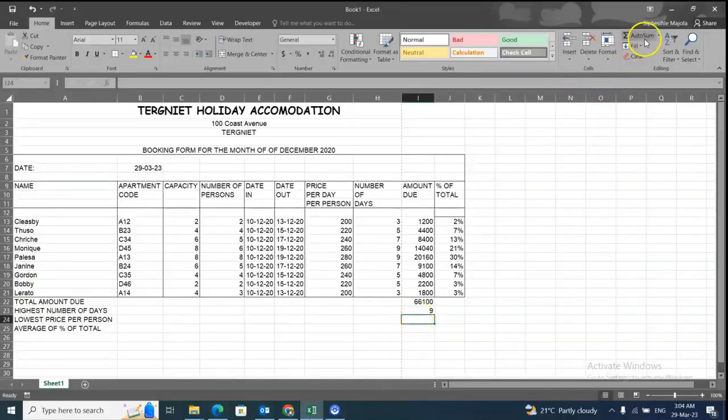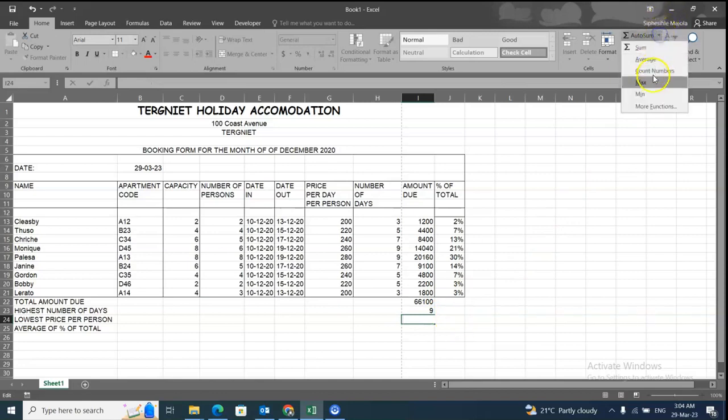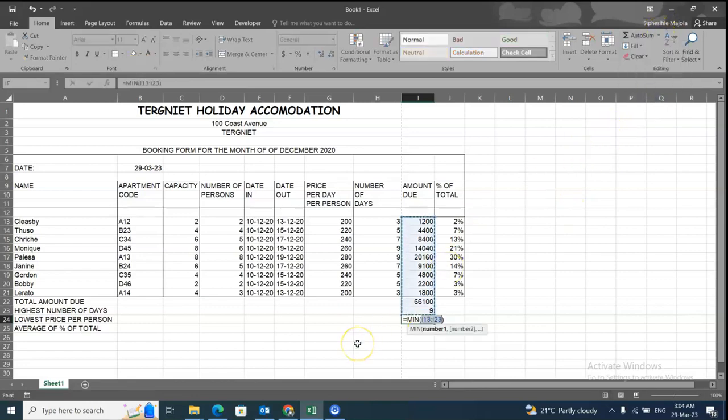So for the lowest value, we always take, no man, I'm so sorry, shouldn't have done that. Let me remove the sum. We always take the minimum, which is min, because it's the lowest. Lowest is the minimum. Okay, so they want the lowest price per person, and this is price per day per person. So we are going to highlight this and press enter.